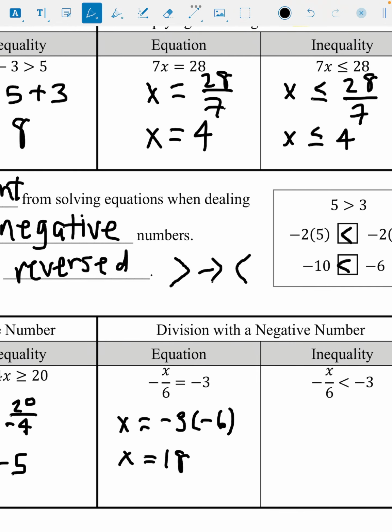Now with the inequality, we have that negative x over 6 is less than negative 3. But since we are dealing with a negative number, we have to switch the inequality operator to become a greater than sign. So it becomes x is greater than negative 3 times negative 6, which means that x is greater than 18.